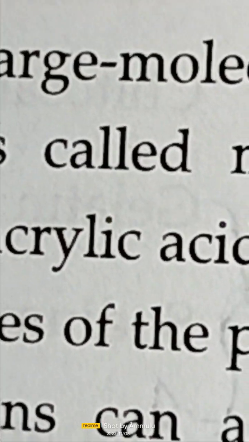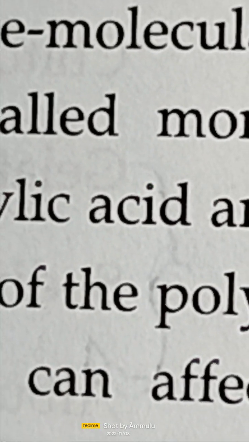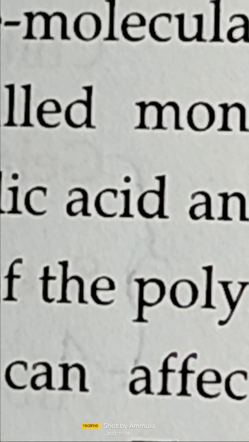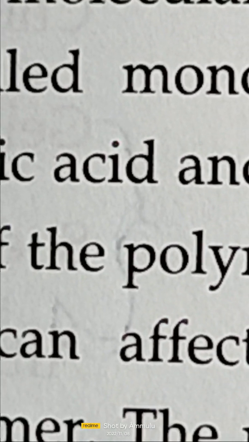When we move to the second synthetic polymer, that is polyacrylic acid, the name indicates acid. It is a large molecular weight compound which is called a polymer, and it contains small repeating units called monomers.